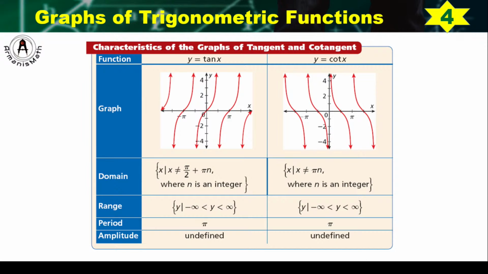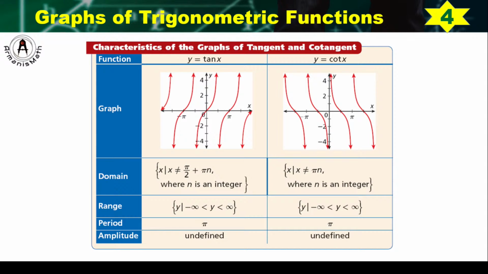Because that's going to be the key for you to finding the asymptotes. What is tangent in terms of sine and cosine? Come on, champions. What is tangent in terms of sine and cosine?